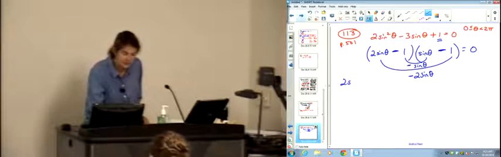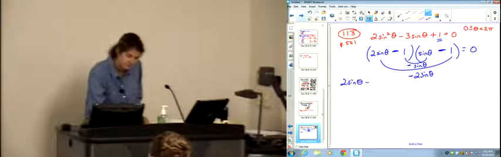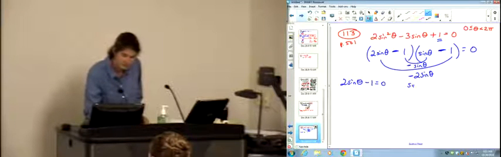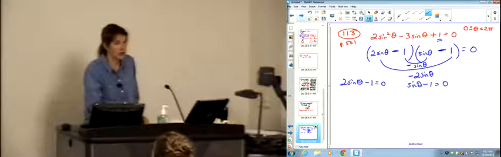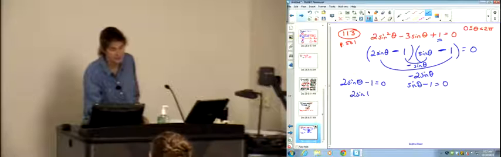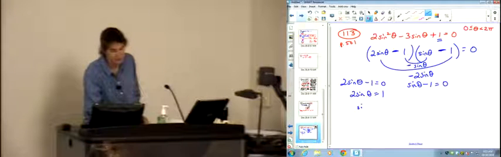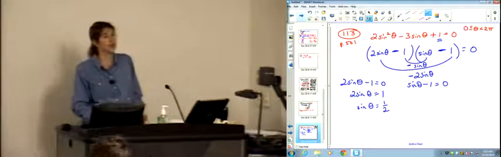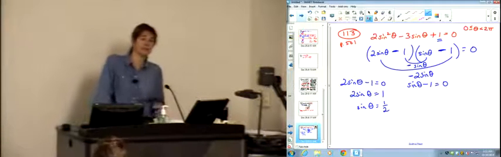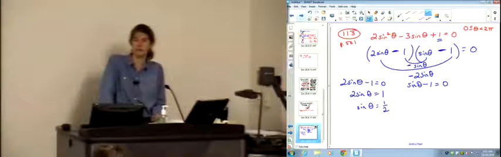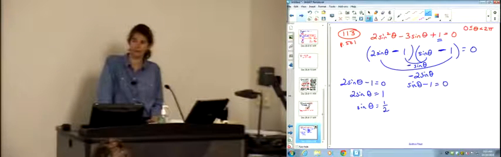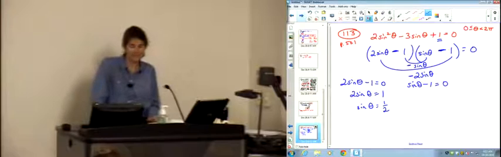All right, so we set each factor equal to 0 and we're going to solve. So we're going to have 2 sine theta equals 1. So on this first one, sine theta equals 1/2. If the sine of the angle is equal to 1/2, now all angles where this happens from 0 to 2 pi, what am I looking at there? Where's the sine equal to 1/2? Pi over 6.